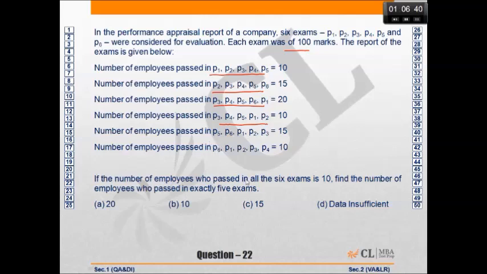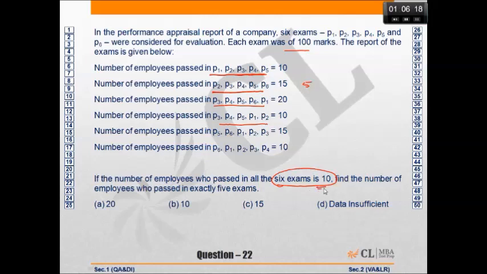If the number of employees who passed in all 6 exams is 10, find the number of employees who failed in exactly 5 exams. All 6 exams is 10, so exactly 5. That means these 5 are already part of this, so this will not give me any extra. This is 15 people. That means 5 people passed exactly 5 and 10 passed exactly 6.